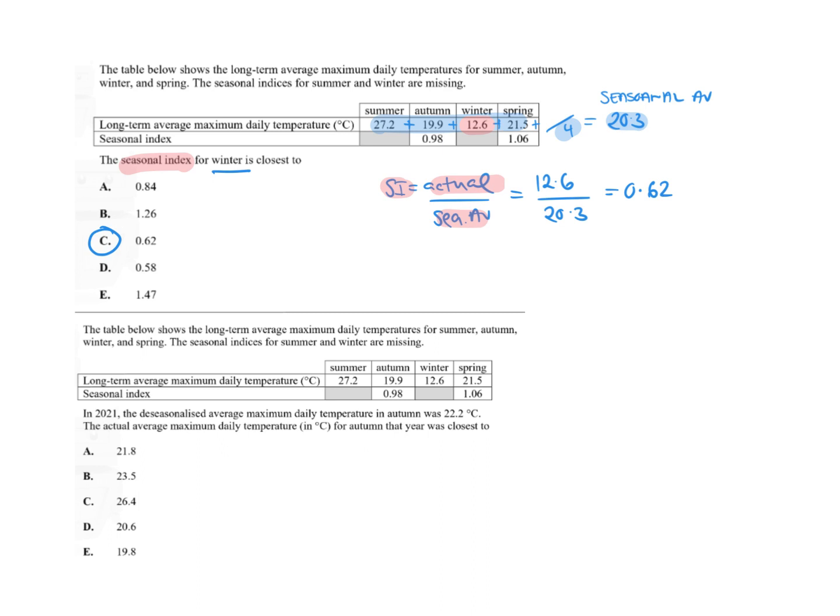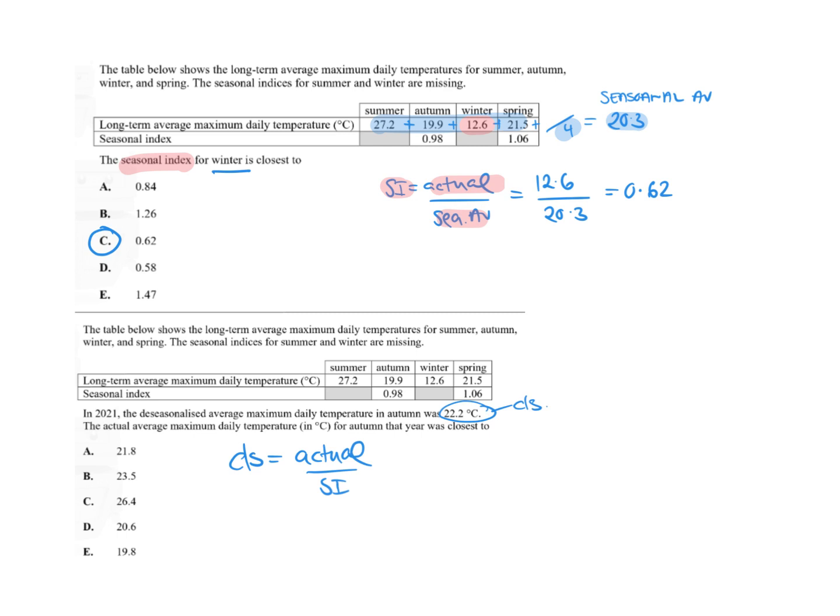Okay. The table below shows the long-term daily temperature for summer, autumn, winter and spring. Seasonal indices are missing. In 2021, the deseasonalized average maximum daily temperature in autumn was 22.2. So remember, write formulas. Deseasonalized was actual over seasonal index, and what they just gave you was this 22.2. This is the deseasonalized.